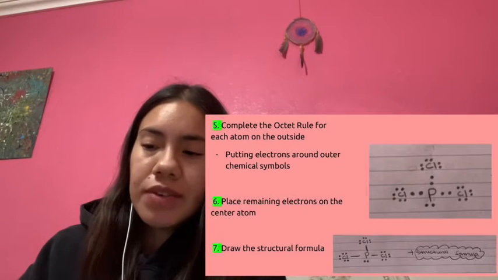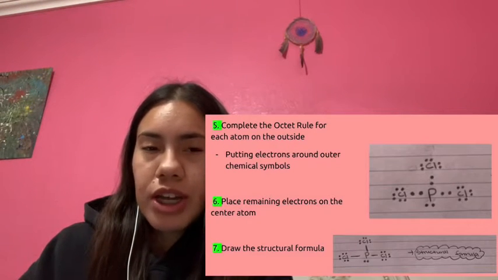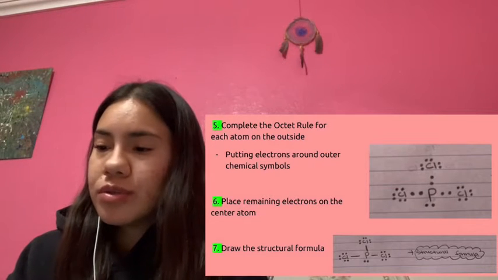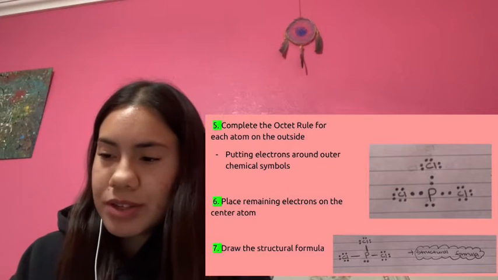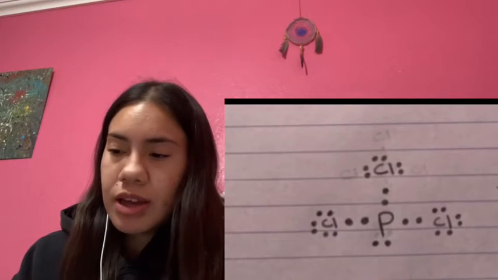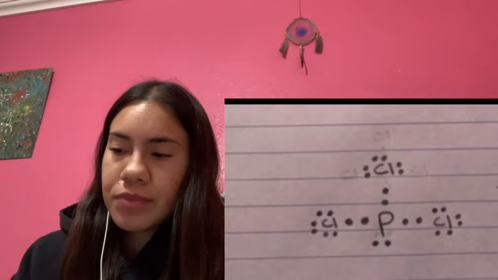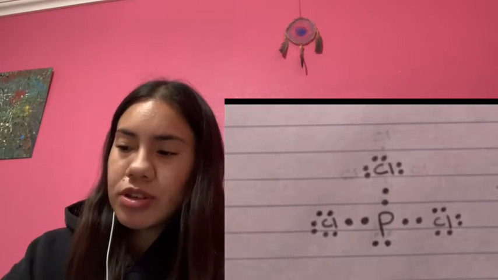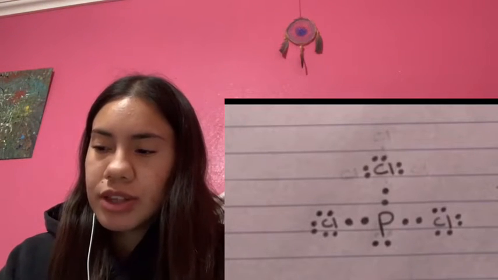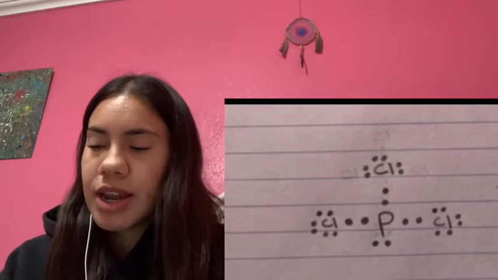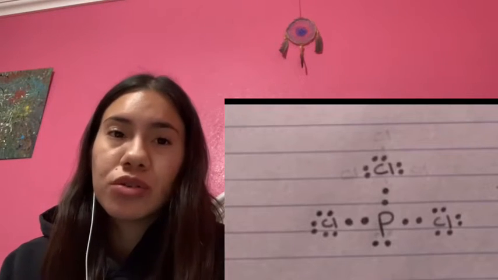Step 5 is to complete the octet rule for each atom on the outside. We already did it here. We see each chlorine atom has a total of 8 valence electrons. If you look at the image, each chlorine has dots on the left side, the right side, the top and the bottom.